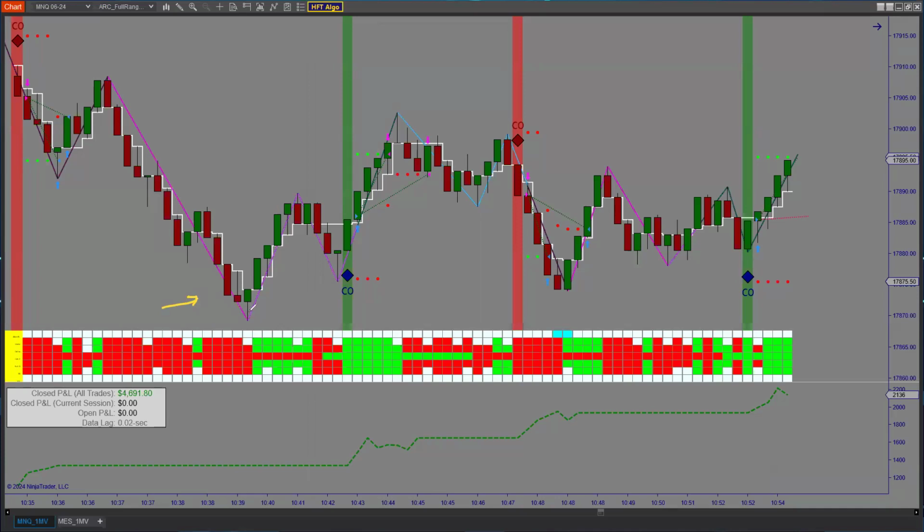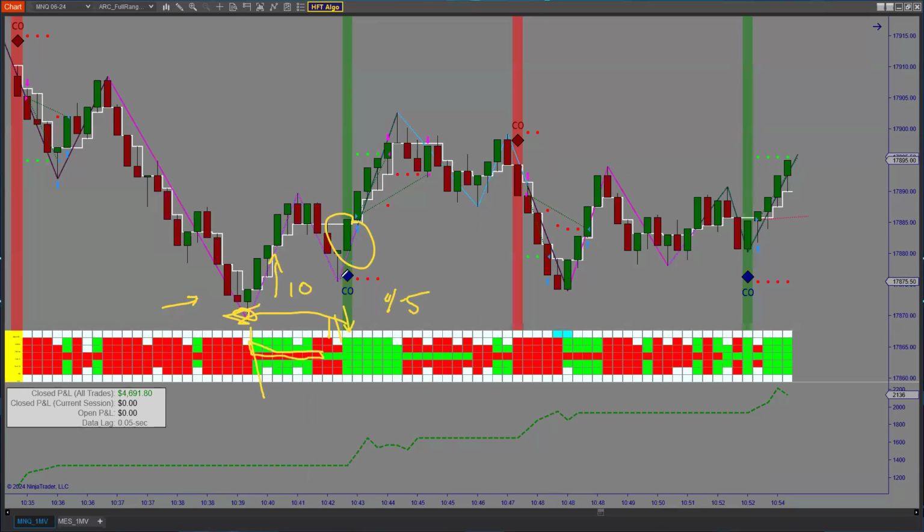So we have, here's the low. We're all red. When do we shift to all green? Well, we still have cumulative deltas red, red, red. Starts to shift to green. That's the first time we have all green. I went in. Now notice it's taking a little longer because it's set to 10 bars versus say 4 or 5. 4 or 5 is going to give you an earlier signal.